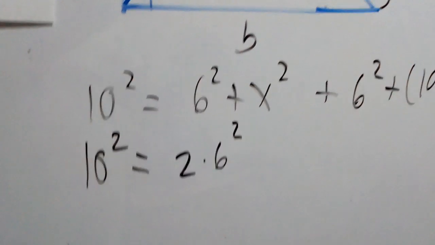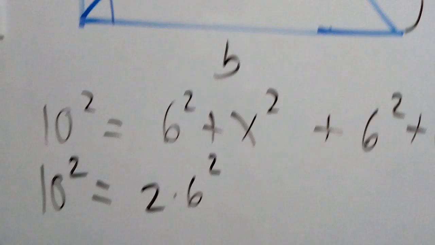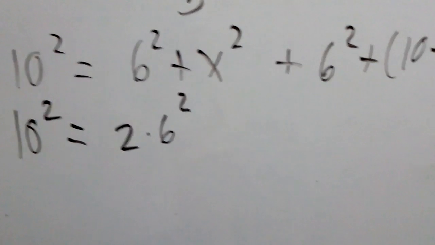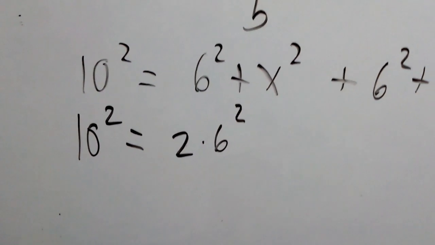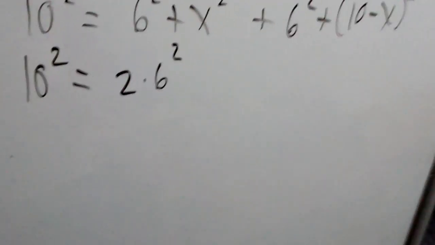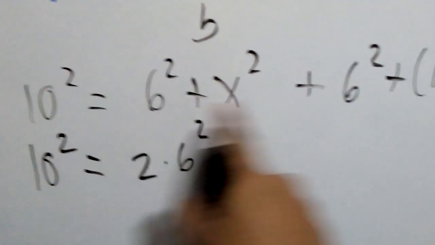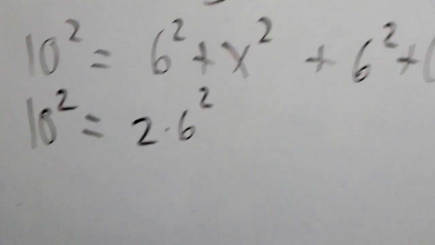If you want to do it, just do it. This is 36 and this is 36, and you can add 36 plus 36, which is the same. I'm just lazy to do the operations. And since this is 6 squared 2 times, well, 2 times 6 squared.